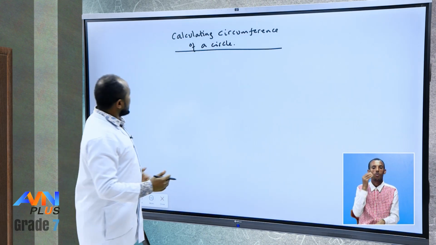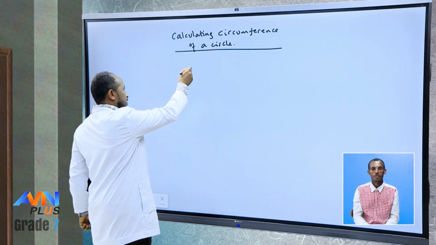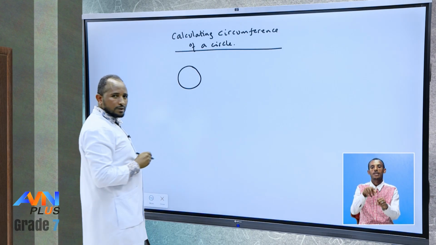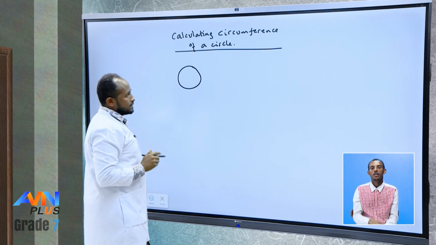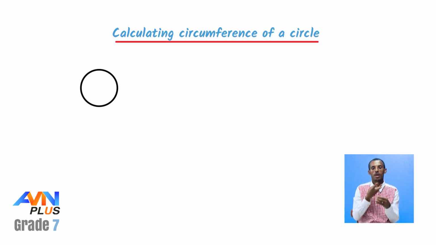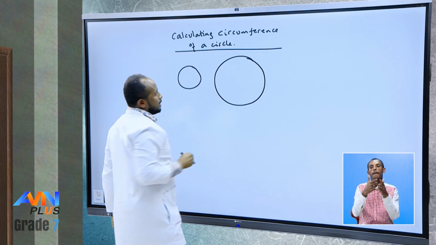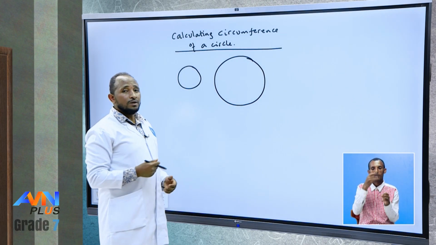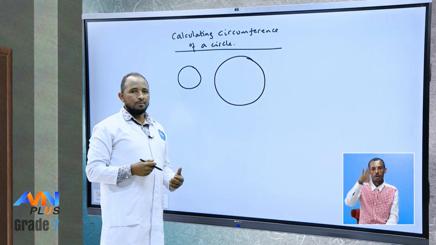Suppose you take a circle made of a string or a rope. Here you have one circle, and you can make another bigger circle using another string. If you do this, you'll get some number.